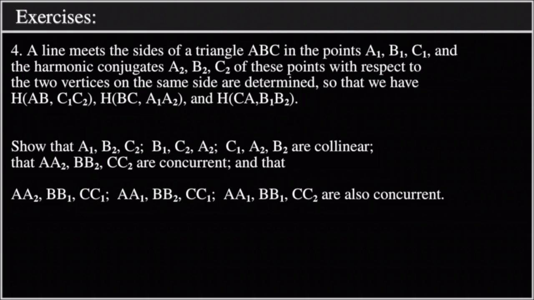Show that A1, B2, C2; B1, C2, A2; C1, A2, B2 are collinear, that AA2, BB2, CC2 are concurrent, and that AA2, BB1, CC1; AA1, BB2, CC1; AA1, BB1, CC2 are concurrent.